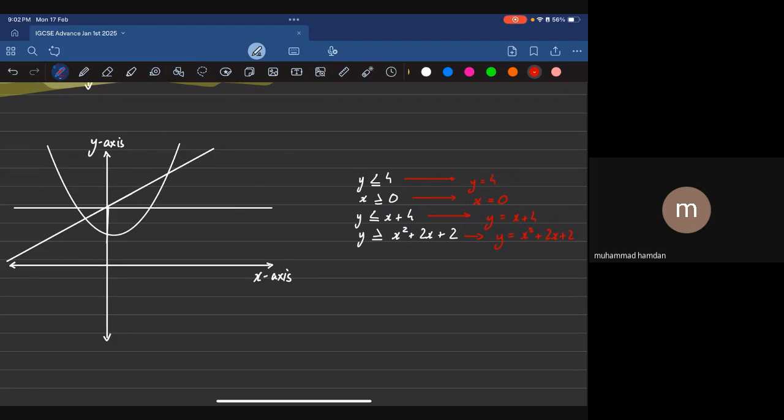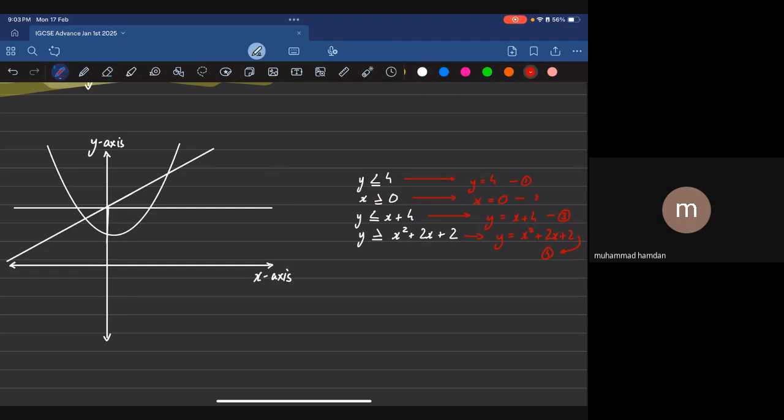So I'm going to label them. This is, let's say, equation 1, 2, 3. This is going to be 4. Clear? Also, how am I going to solve this question?